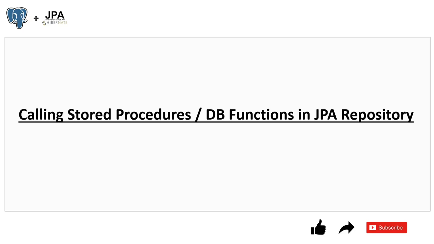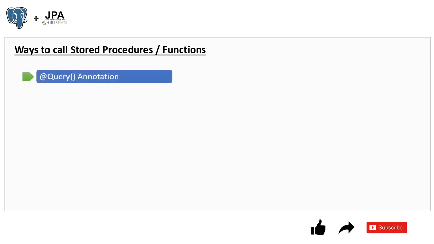In this video, we are going to cover a few ways that we can use to call the stored procedure, or in our case, DB functions. First, we can use the @Query annotation that we have already seen in an earlier video in this series. We can also use the @Procedure annotation, but it has some limitations and we will talk about it later in this video.